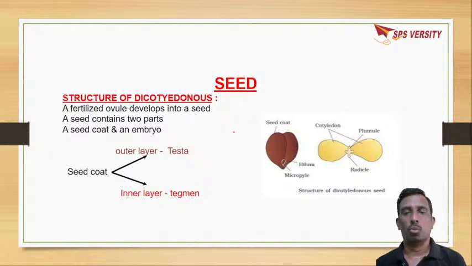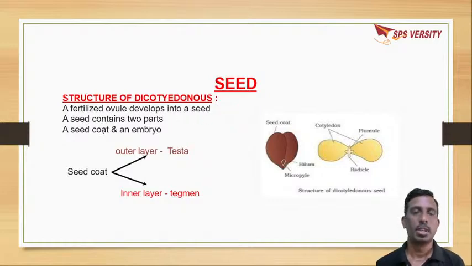Ovary develops into fruit. Ovule will develop into seed. A seed is generally inside a fruit. A seed has two parts: the seed coat, which will protect the seed, and inside the seed coat, an embryo.